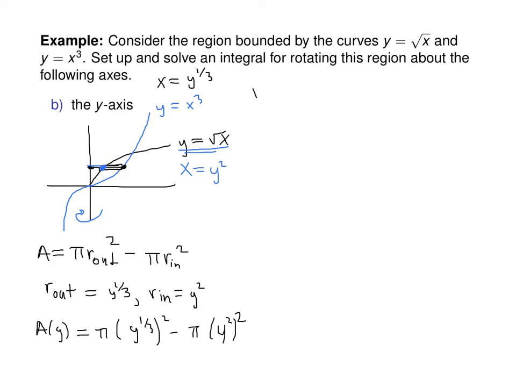To find the volume, we must add up the areas of each individual slice, so we integrate from 0 to 1 once again, factor out my pi. Now y to the 1/3 squared is y to the 2/3 minus y squared squared is y to the 4th dy.